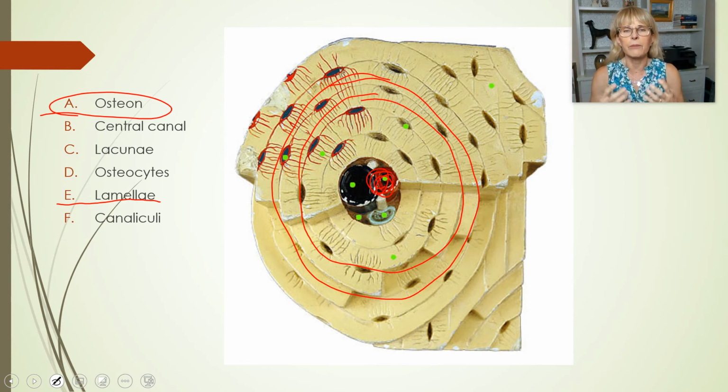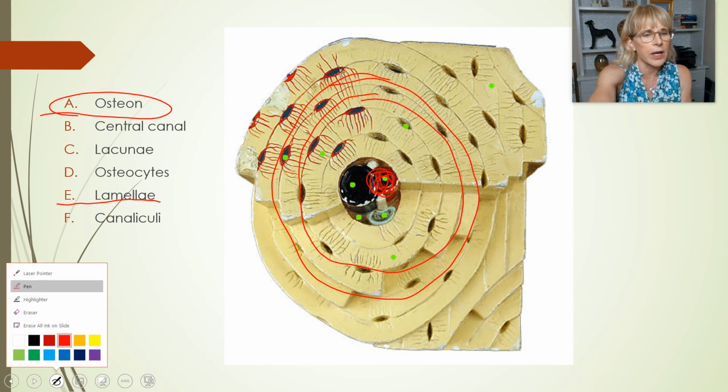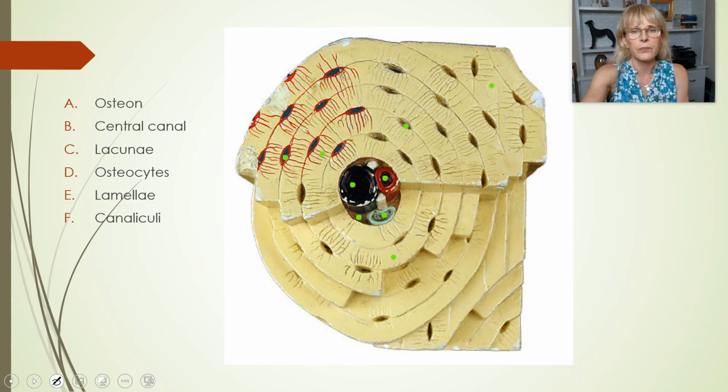The way bone can do that and keep all of those cells alive is to organize it in these osteons. This area right here in the center is called the central canal. The central canal has an artery and a vein and a lymphatic and a nerve. You don't need to know that part, okay? The whole thing is the osteon, central canal, lamella we know.